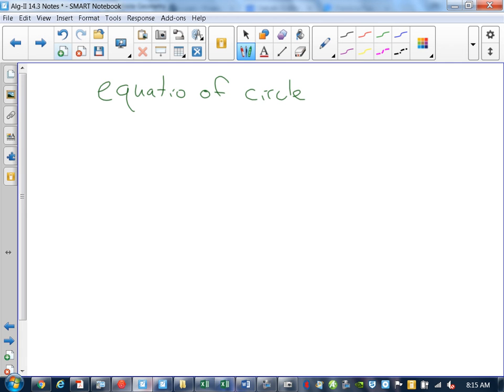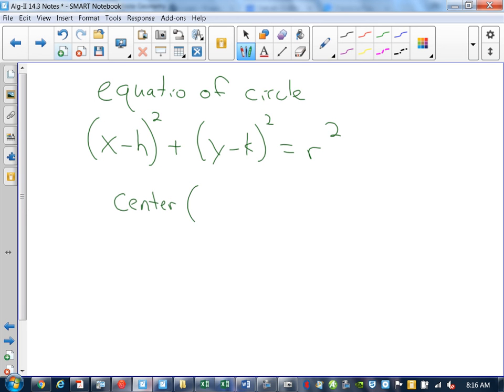And that was the equation of the circle. Now remember, this was a lot easier than you guys are giving yourselves credit for here.